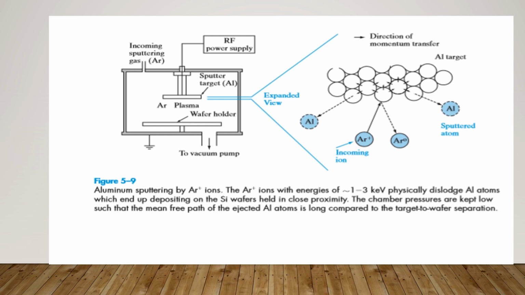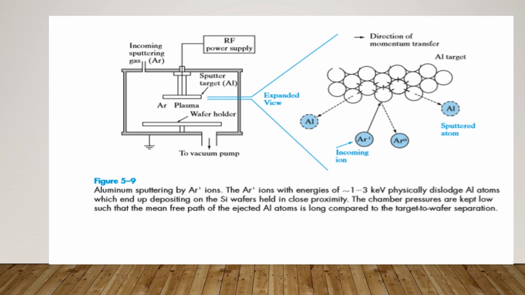Sputtering of aluminium is achieved by immersing an aluminium target, typically alloyed with 1% silicon and 4% copper to improve the electrical and metallurgical properties of aluminium, in an argon plasma. Argon ions bombard the aluminium and physically dislodge aluminium atoms by momentum transfer, and this is shown here in this figure.